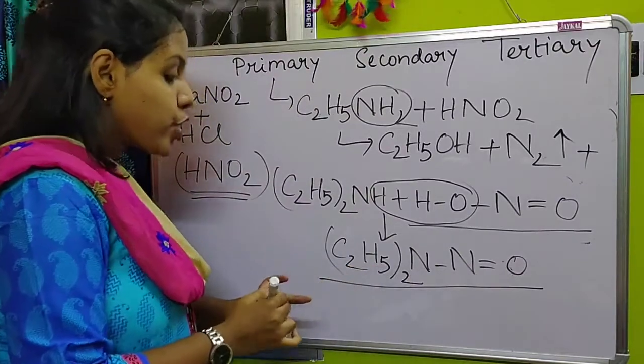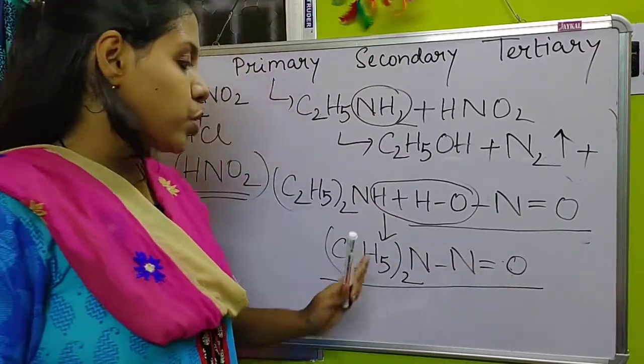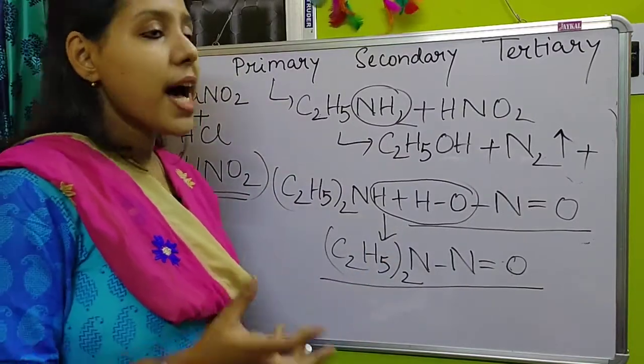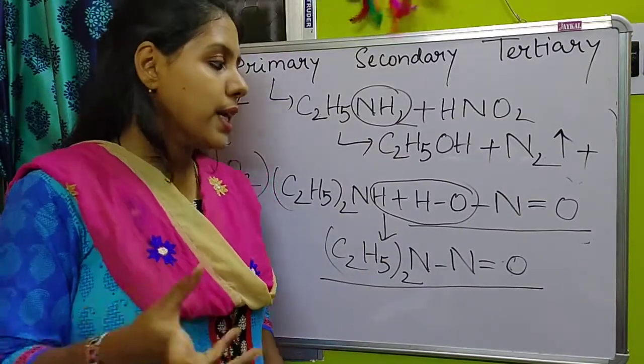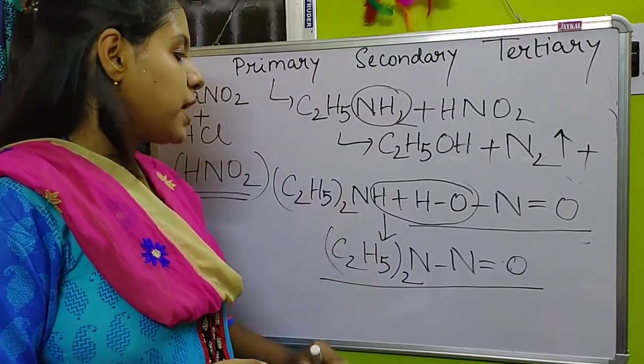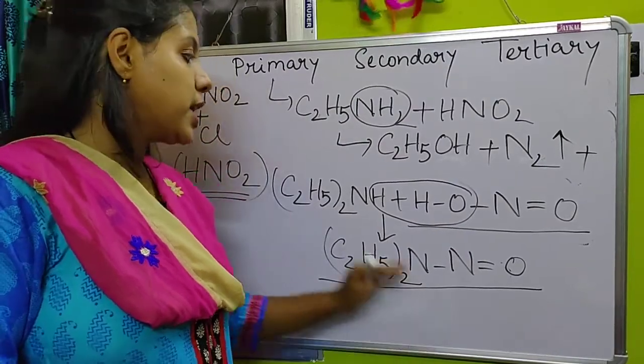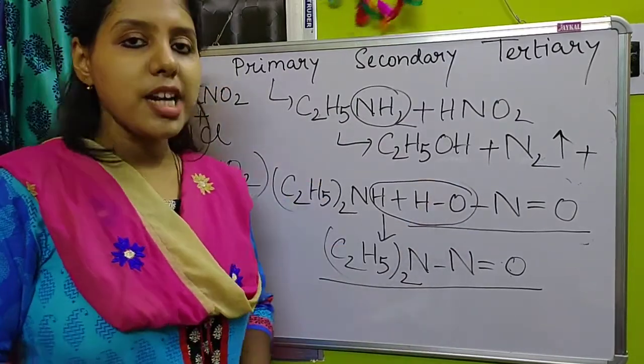This group is known as nitroso. So this nitroso compound, which is a yellow colored oily substance, we will get after the completion of the reaction of secondary amine with nitrous acid.